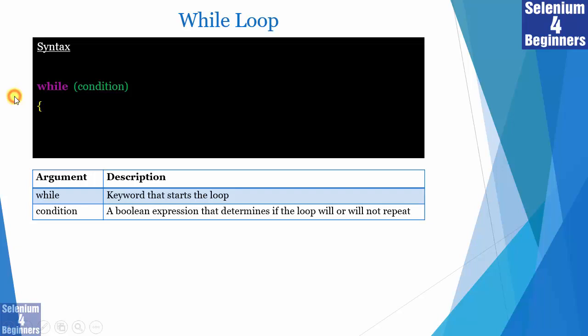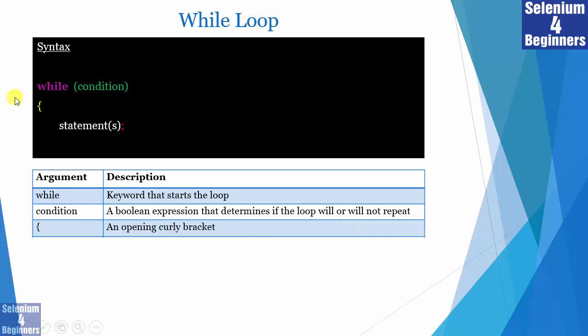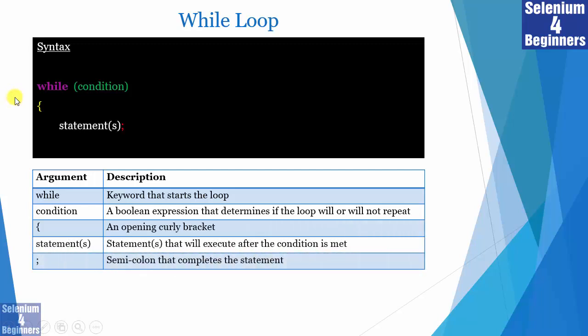We have an opening bracket, then our statement body, and a semicolon. Notice how the condition is checked at the top of the loop before writing a statement. The statement is only executed if the condition is true. One more bracket closes the while loop.